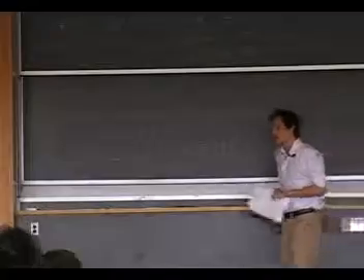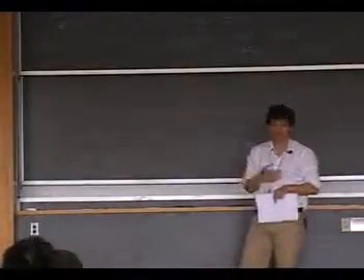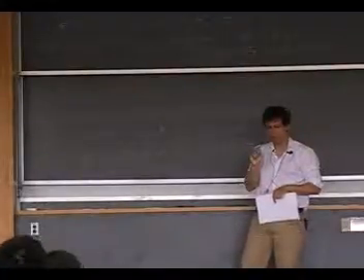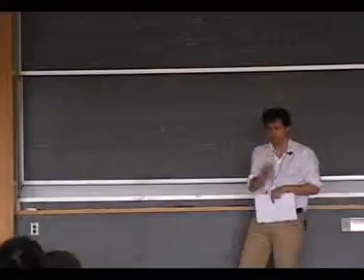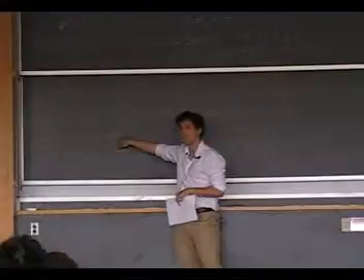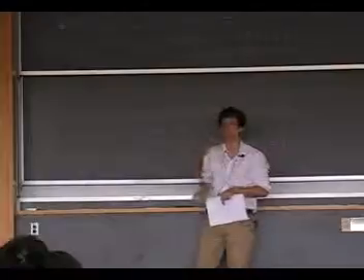If you want a truly slick response to that, you want this because S naught can be half integer. 2S naught is integer, but S naught can be half integer.